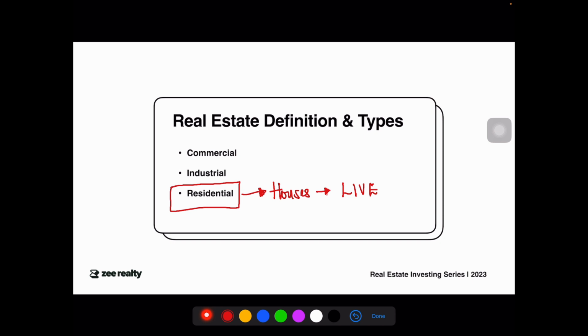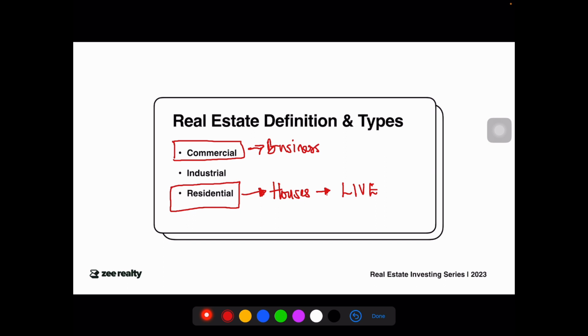However, commercial real estate is not real estate that is used for housing. This is real estate that is used for anything that involves businesses. Let's say someone is opening a complex, or a shopping mall.